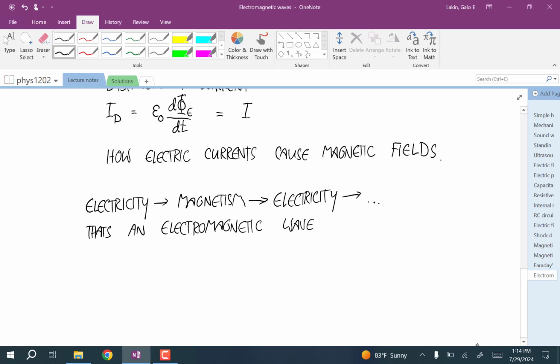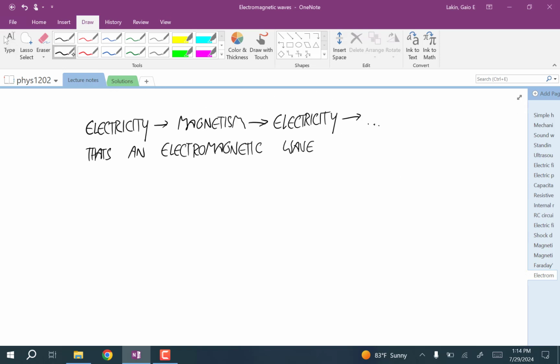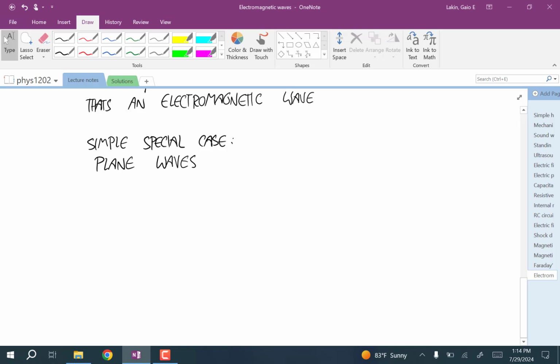And so the special case that we're going to consider, this simple special case, it's really not that simple, but it's a lot more simple than those equations can be in a fully general case. These are called plane waves. And here's what this looks like.